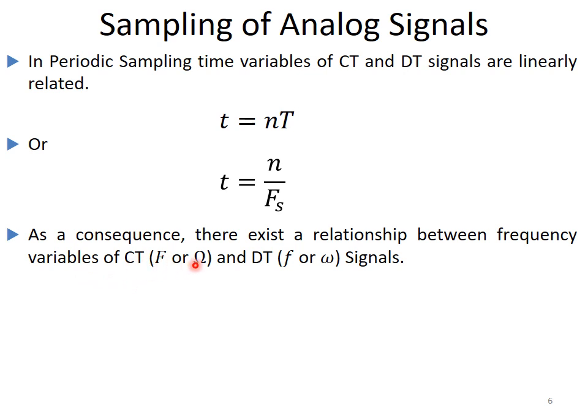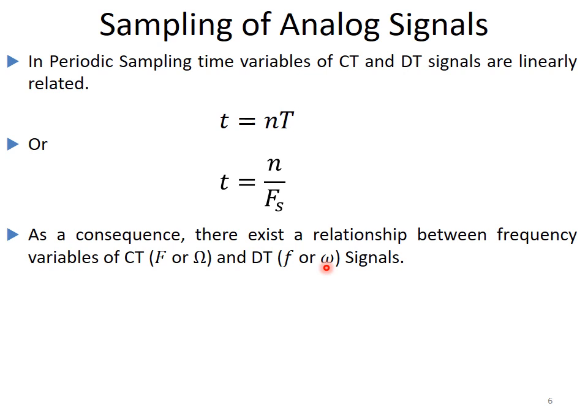Let's say the frequency variables of continuous time signal are capital F and capital omega, where capital F is the cyclic frequency and omega is the radial frequency of the continuous time signal. Similarly, small f and small omega are the frequency variables of discrete time signals, where small f is the cyclic frequency and small omega is the radial frequency of discrete time signals.